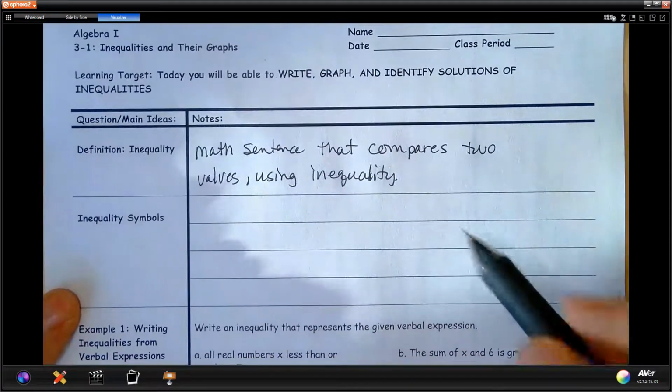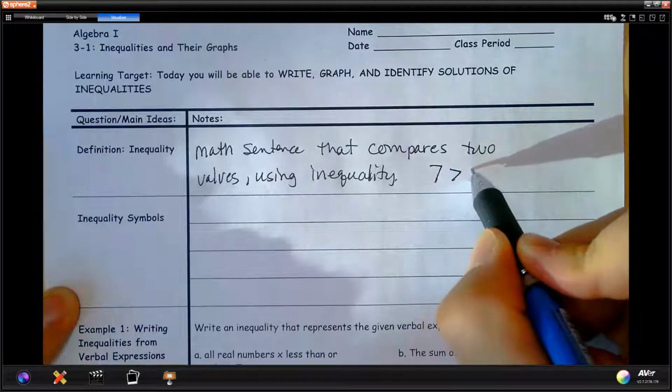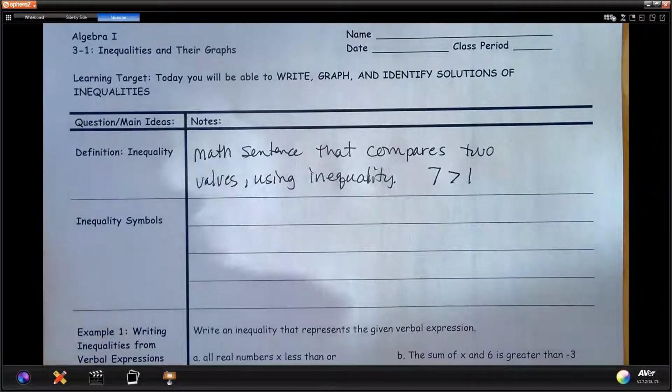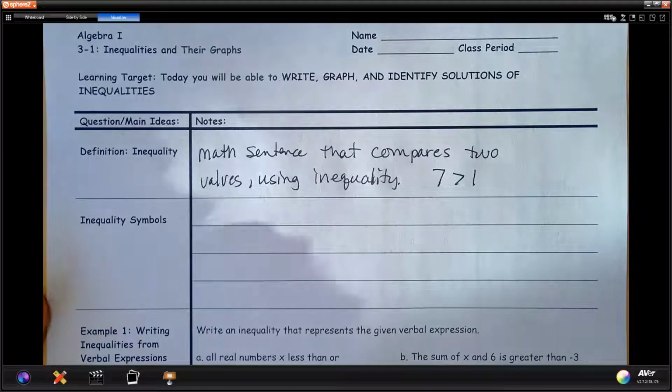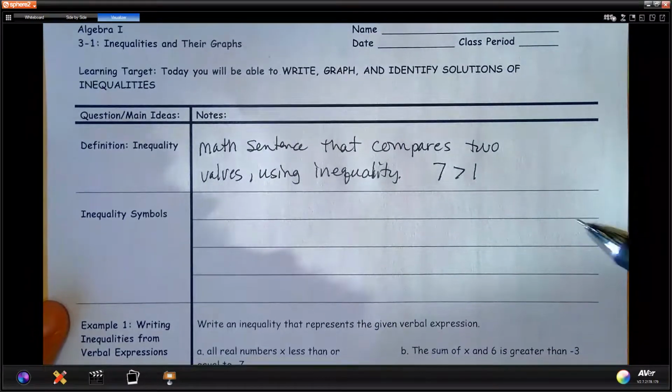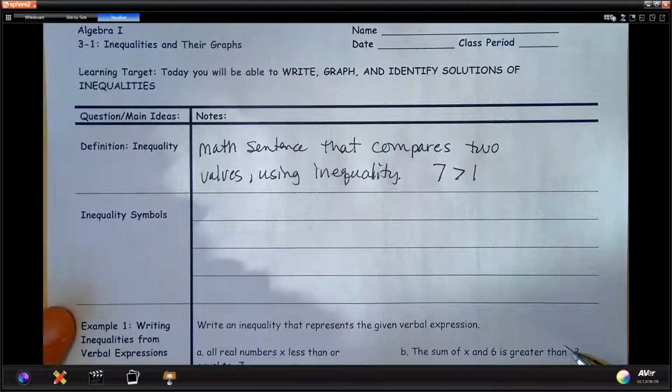You know this. You've done this before. If I write 7 is greater than 1, that is an inequality. Today we're going to look at some inequalities that have letters. That's what algebra is all about. So we're going to throw in some variables.